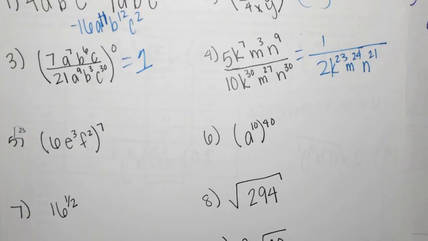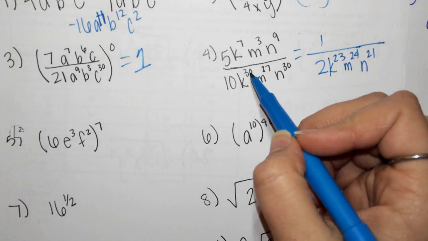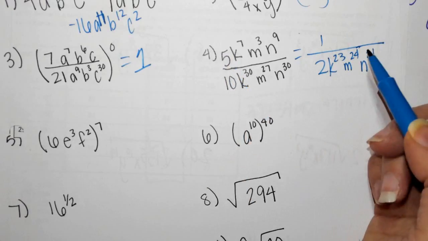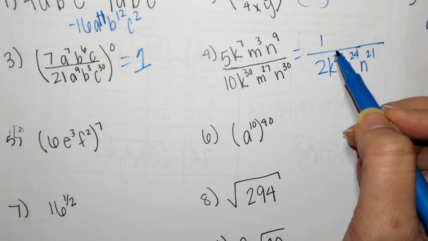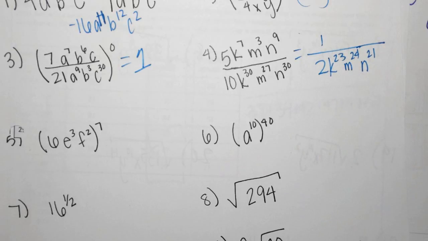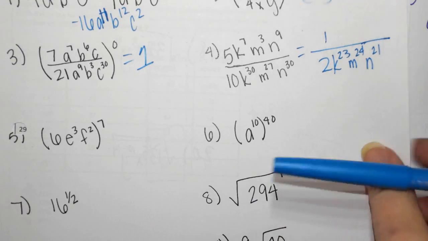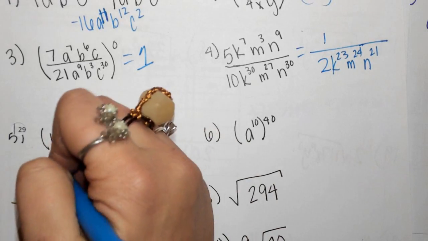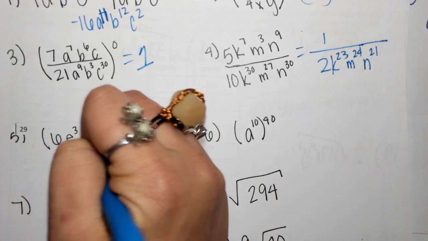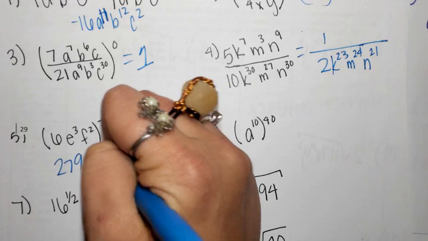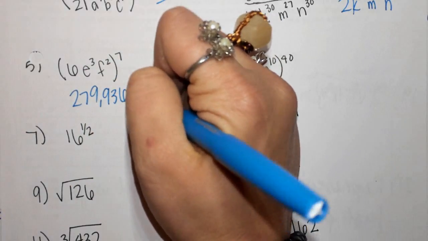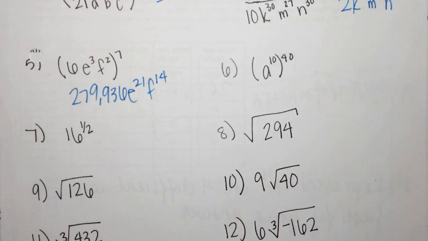The 7 minus 30 is negative 23, so you put it on the bottom. Number 5 is 279,936. And then with your exponents, you do 3 times 7, and you get 21. 2 times 7, and get 14.